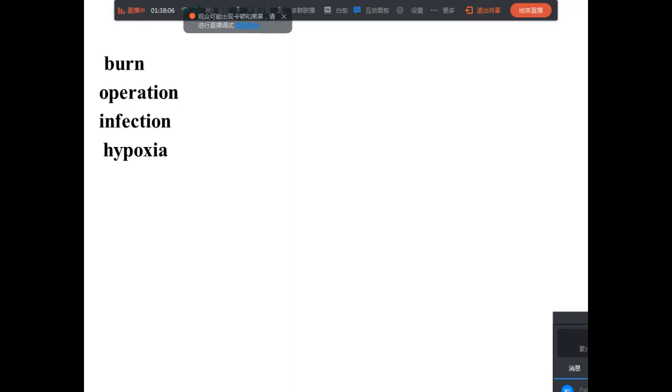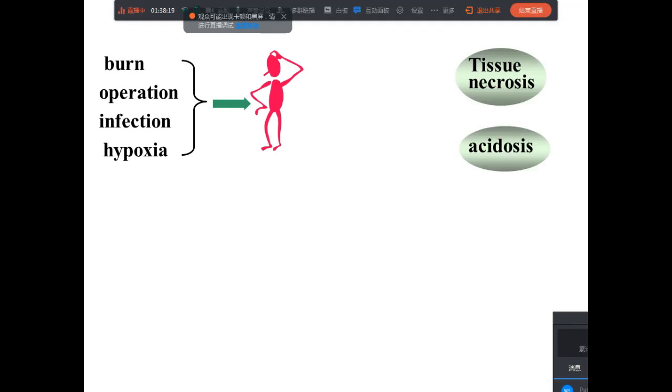Now, if birth, operation, infection, or hypoxia affect the body, what will happen? Maybe tissue necrosis happens and hypoxia leads to acidosis. Understand? Now, it belongs to specific response.